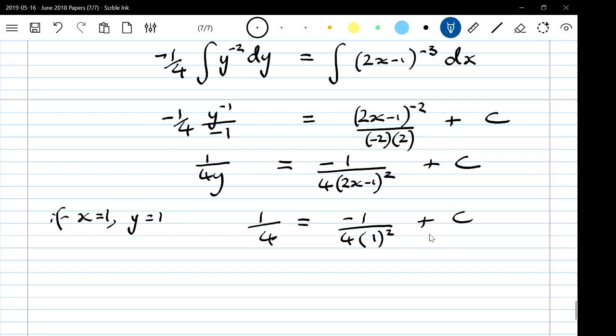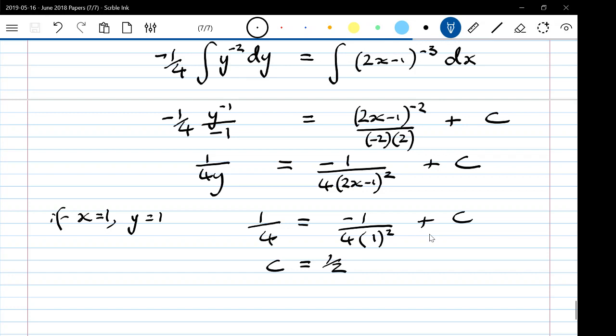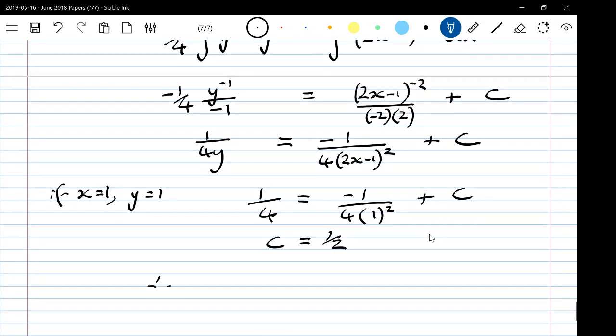So I reckon out of that I get c equals a half. I think. Does that look right? So, where am I now? I've got 1 over 4y is minus 1 over 4 lots of 2x minus 1 squared plus a half.